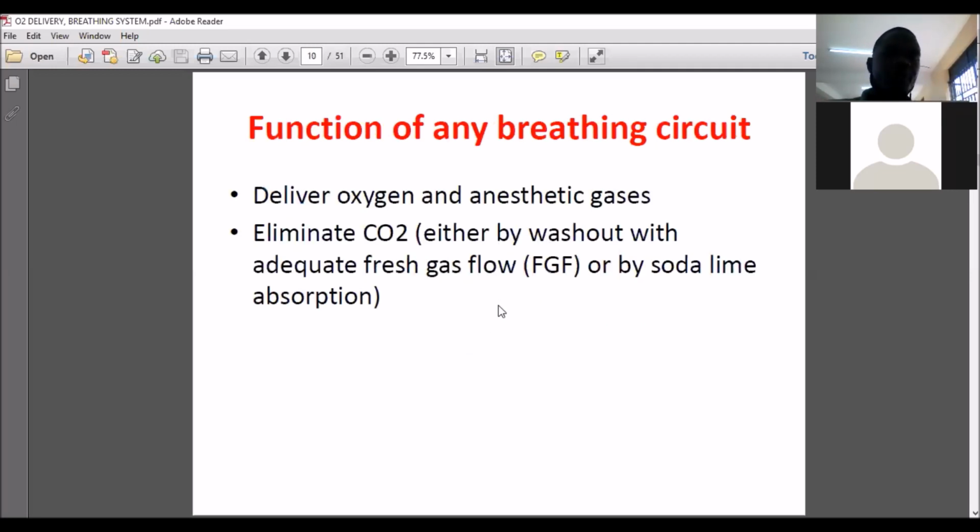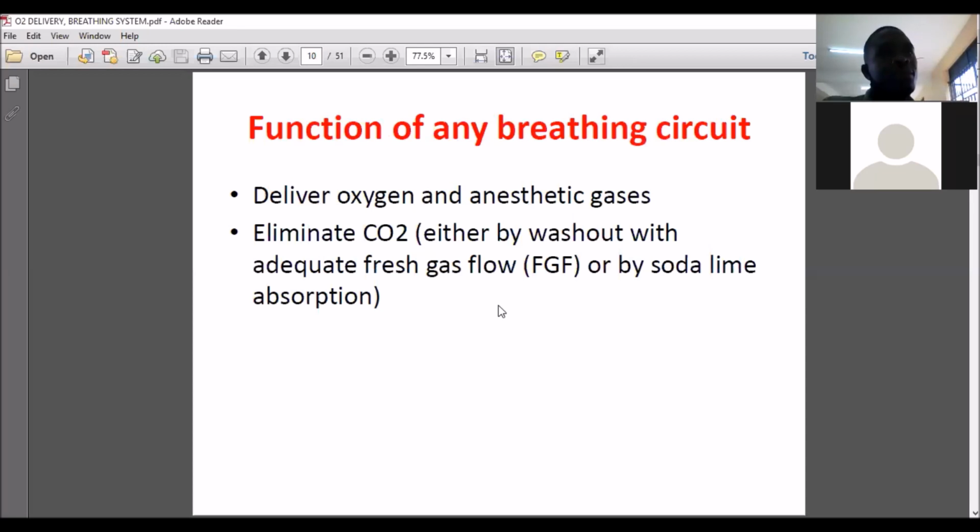So, the functions of any breathing circuit. One, it has to deliver oxygen and the anesthetic gases. Two, it must eliminate carbon dioxide. If the soda lime is worn out and you keep using the same soda lime, then the carbon dioxide is not being removed from the system.